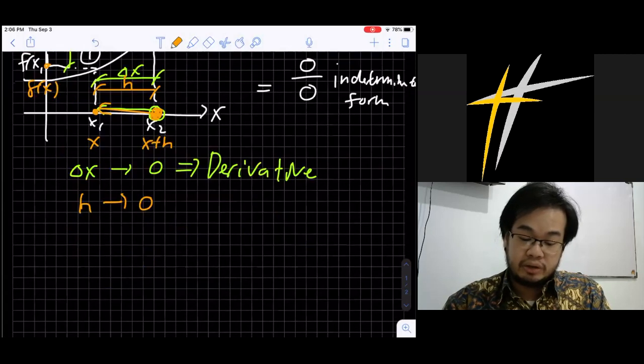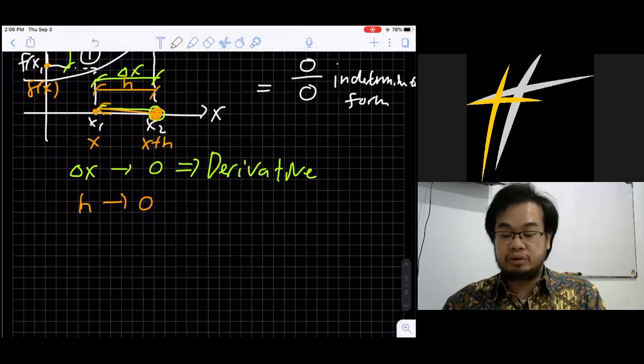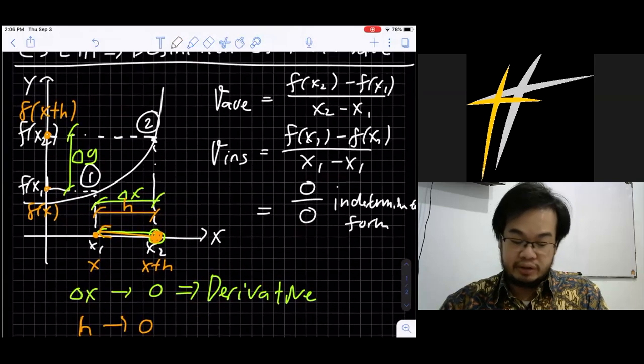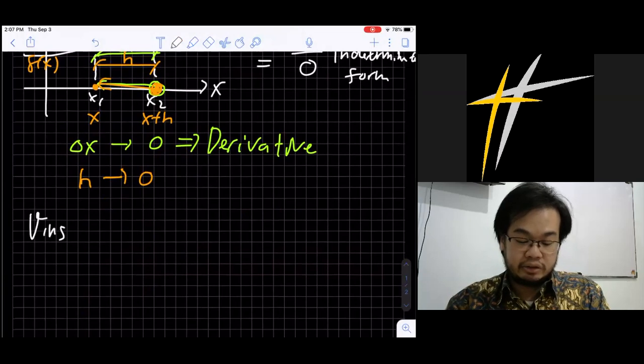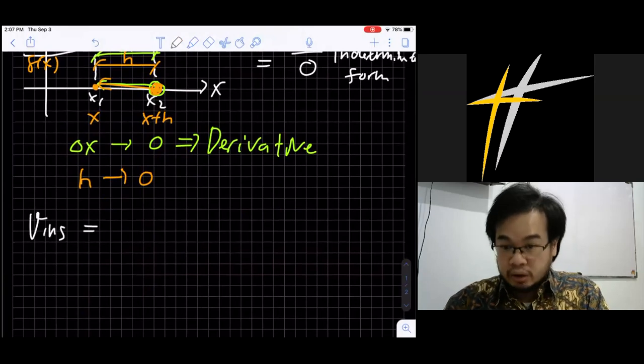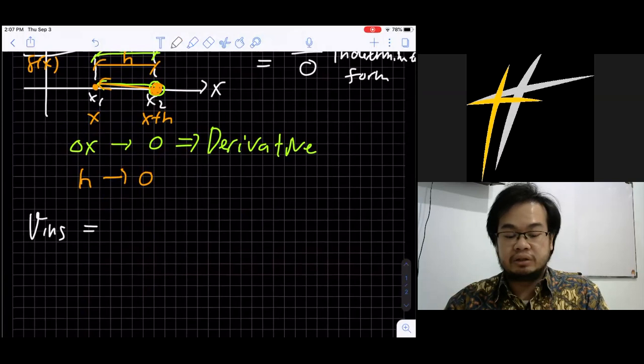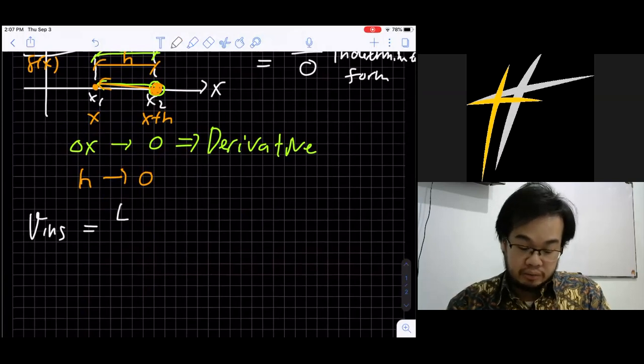So if we use the average rate of change, then we can say that instantaneous rate of change is equal, not approximately, but equal to the limit of h approaching 0.